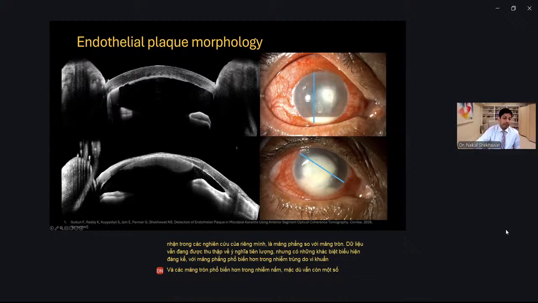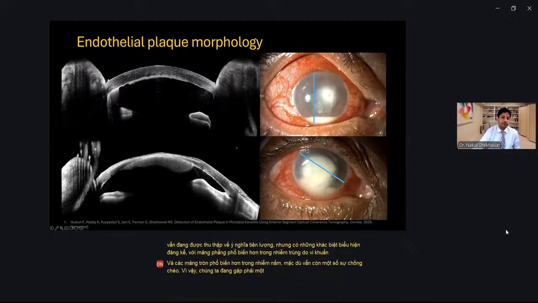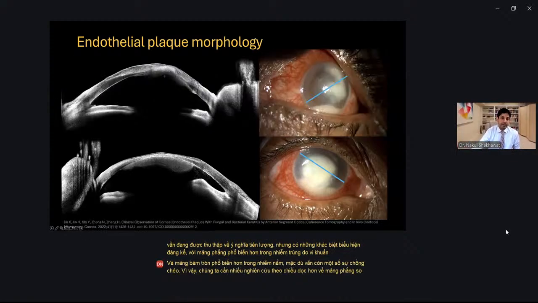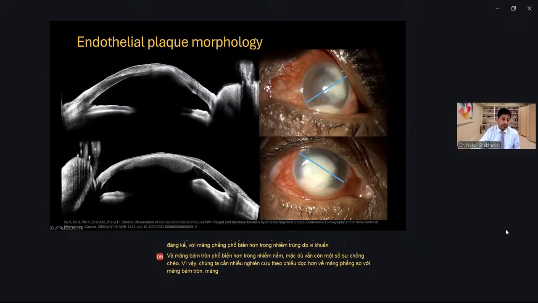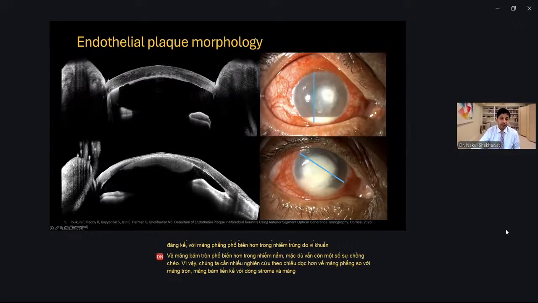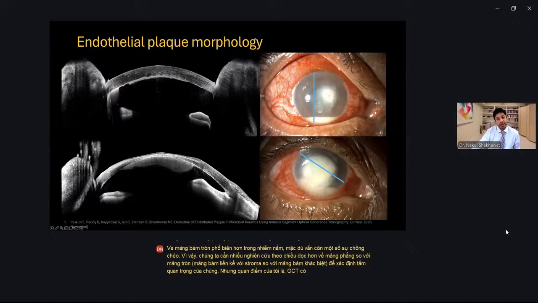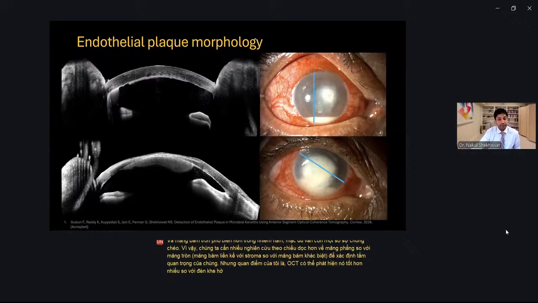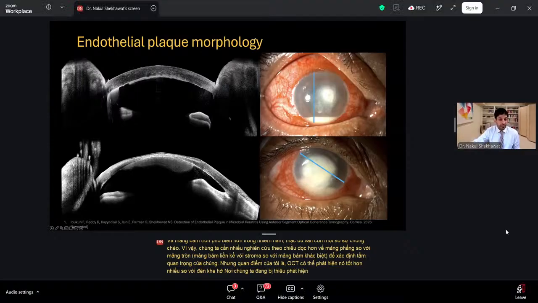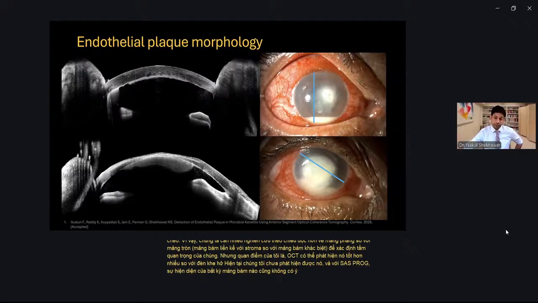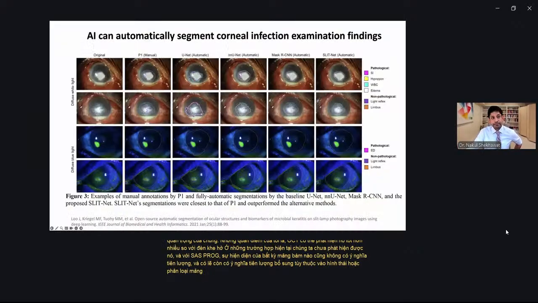And so there's a need for more longitudinal studies of flat versus round plaque, plaque that is contiguous with the stroma versus distinct from the stromal infiltrate, to see what the significance is. But my point is, OCT can detect it much better than the slit lamp, where we are underdetecting it right now. The presence of any plaque has prognostic significance, and there's probably additional prognostic significance to the specific morphology or subtypes of plaque that needs to be discovered.